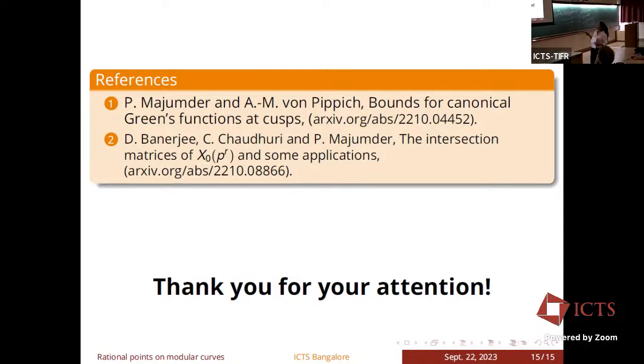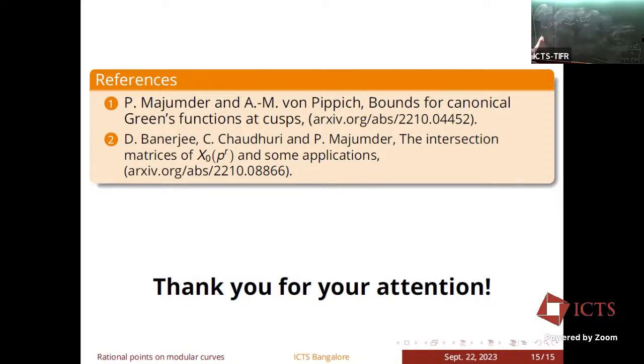This title? Yeah, so not a direct application, but there's a notion of Faltings height. Faltings' formula tells us that the Faltings height of the Jacobian J naught of n is exactly equal to omega bar squared of X naught n plus something.